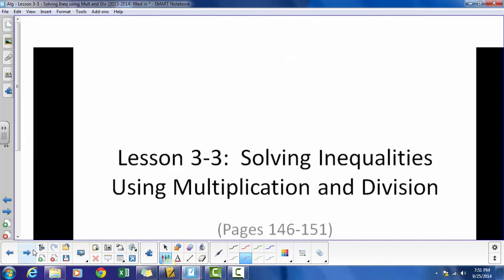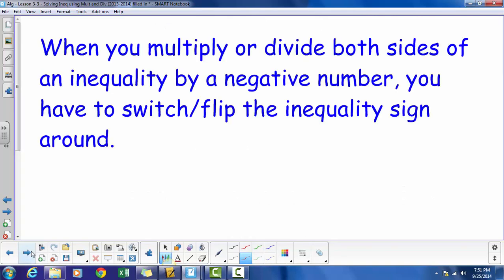Today's lesson 3.3, solving inequalities using multiplication and division. All right, when you multiply or divide both sides of an inequality by a negative number, you must flip the inequality, okay?